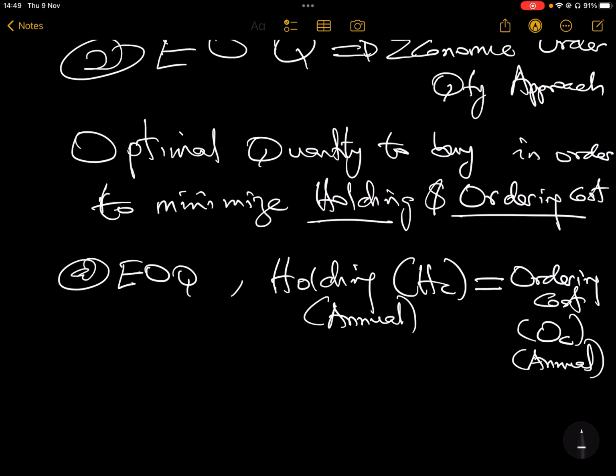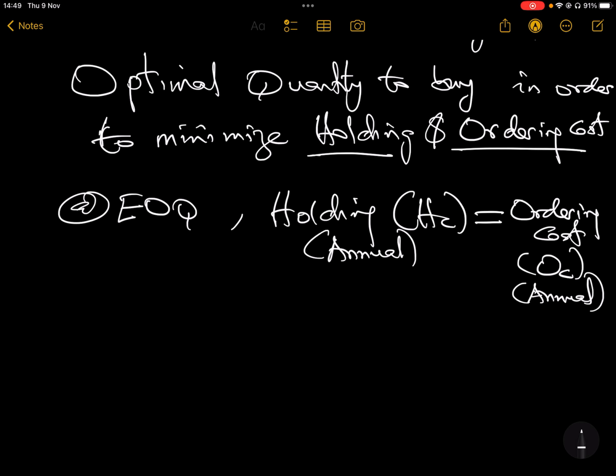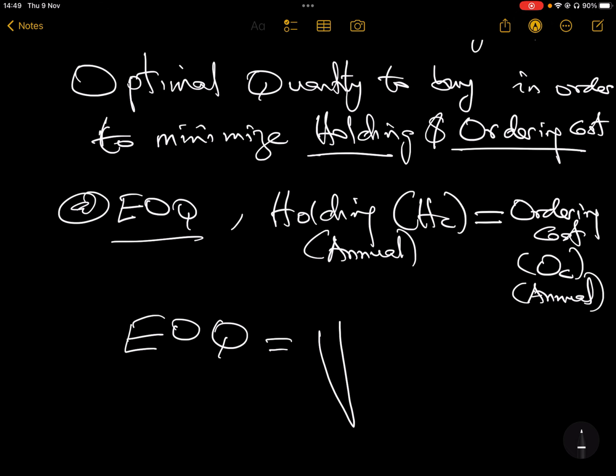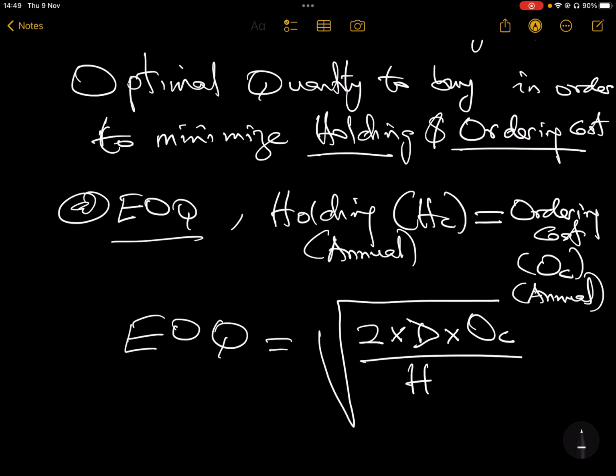Right? So now, how do you calculate the economic order quantity? There's a popular formula which says you have to calculate the square root of 2 multiplied by the annual demand multiplied by the ordering cost per order, then all of that divided by the holding cost per unit.